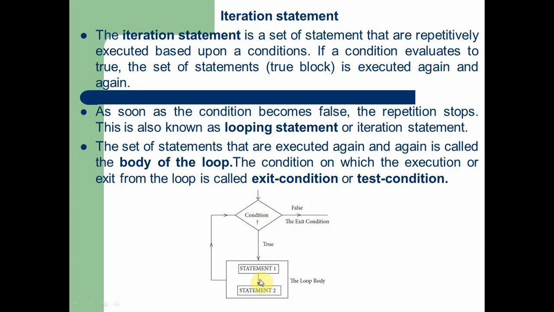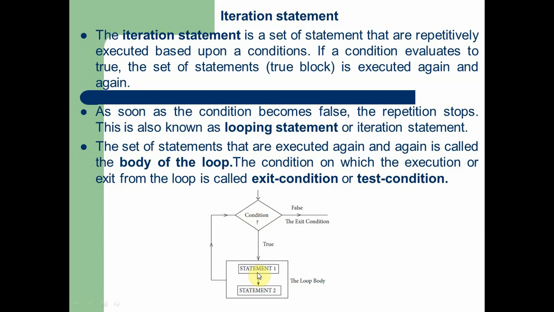After executing the statement, it goes to the condition and checks whether the condition is true or false. If the condition is true, it executes the same statement again, and after executing it goes back to check the condition. If the condition is true, it repeats the same statement.